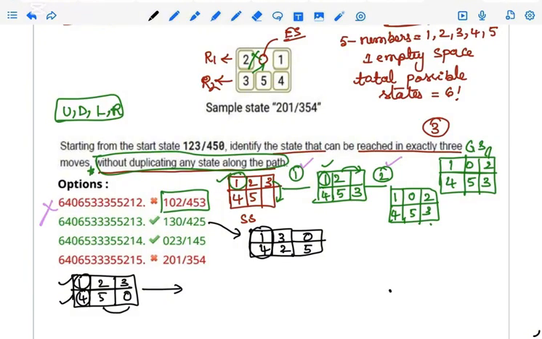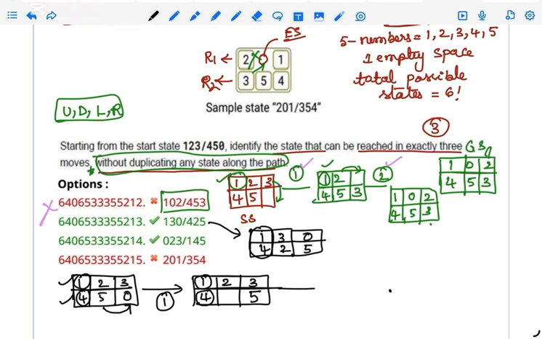Please move 5 to this place. 1 and 4 are in the correct place, 2 is here and 3 is here. 1 and 2 are in the correct place, don't move these 2 and move 5. For the first move, the right side 5 moves, and this position is empty.